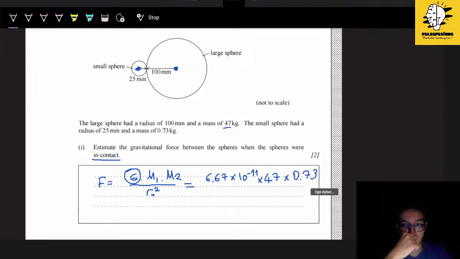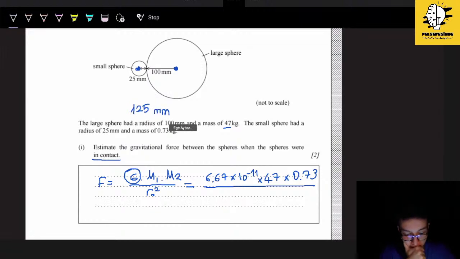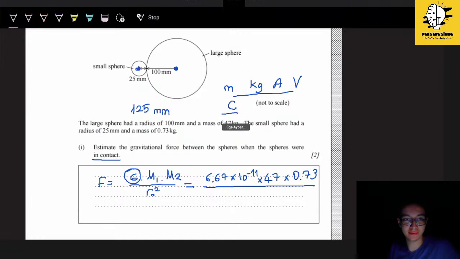And let's write the radius, which is quite important to know. It is 125 millimeters, but we always need to write in SI units: meter, kilogram, ampere, volt, coulomb. Always like this, guys.